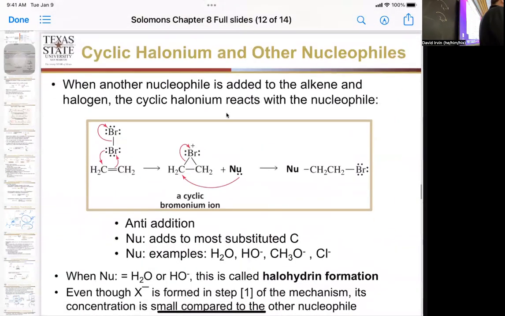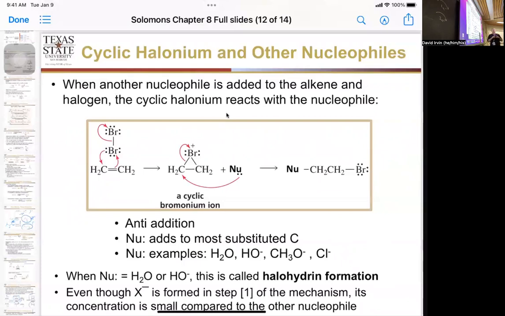So what happens if halogens are not your only nucleophile? Let's say we run the reaction in water instead. Why? Well, water can act as a Lewis base. It can act as a nucleophile.